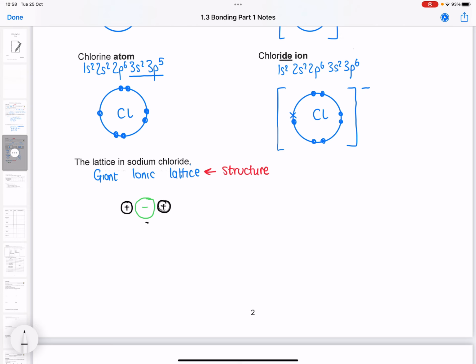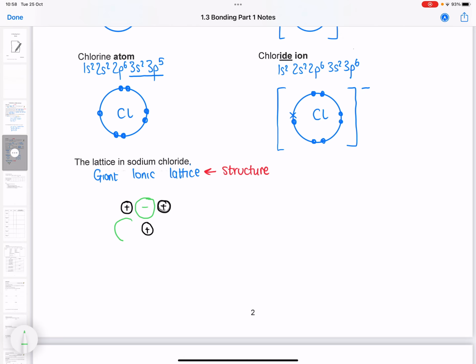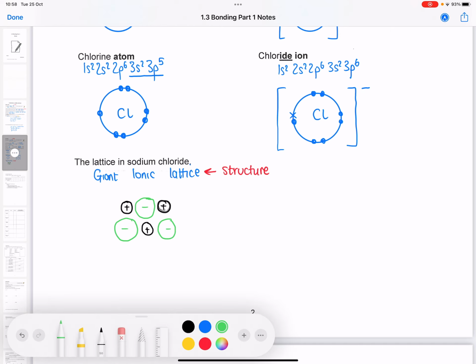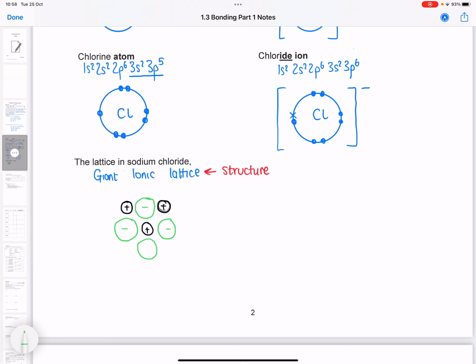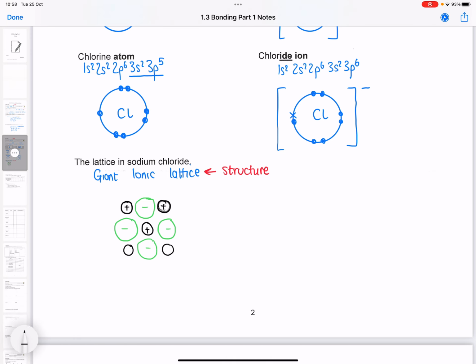Sodium, and then on this line, notice how it's alternating. So it's a regular pattern of plus, minus, plus, minus. I just draw that extra minus in there. Get these 9 ions in there. This is our pattern of Na plus ions attracting Cl minus ions.